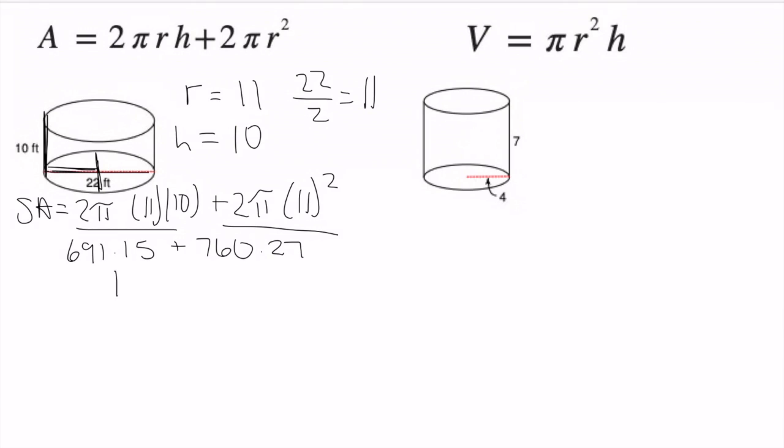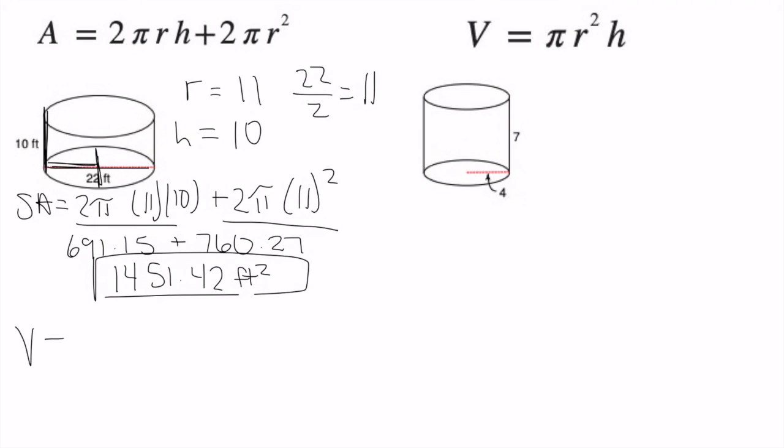Add those together, we get 1,451.42 feet squared. For our volume, we have pi times our radius of 11 squared times our height of 10. That'll give us a volume of 3,801.33 feet cubed.